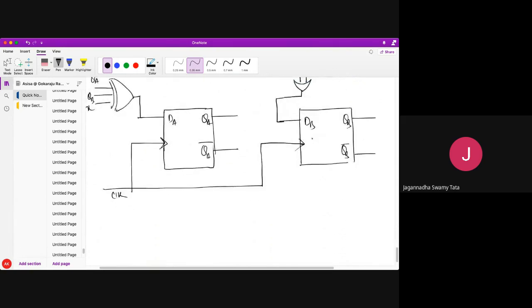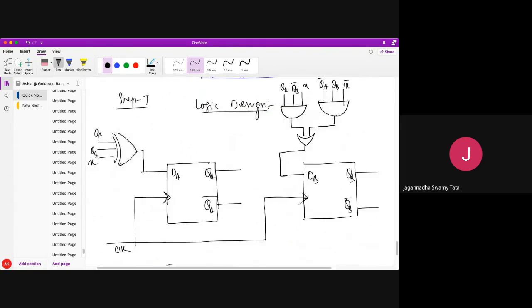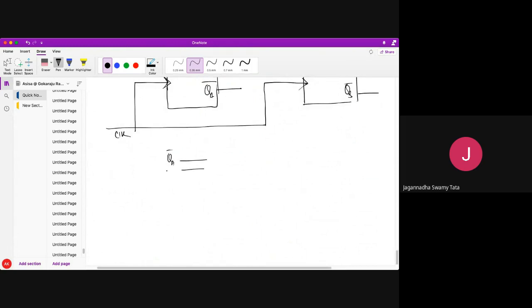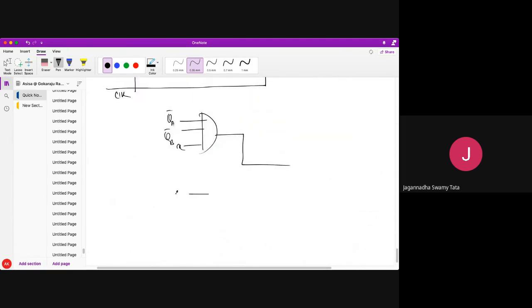You can do it here itself. So QA bar QB bar X. Next, QA X bar. This is my QA X bar, which goes to an OR gate that gives my output Y.